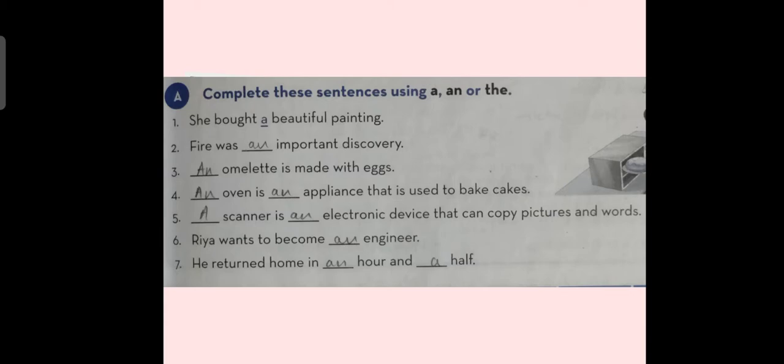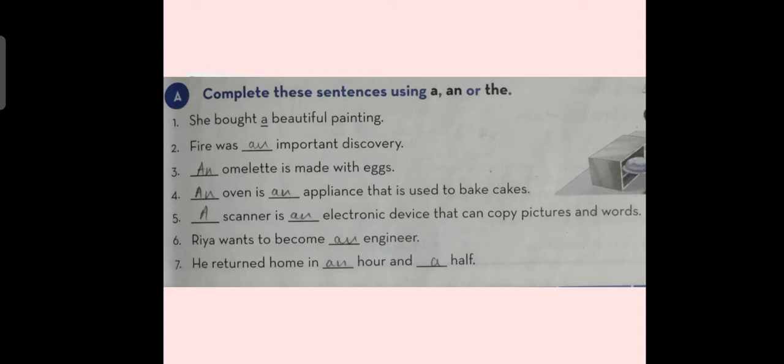We also discussed in our previous video when we use a and when we use an. We always use a before the words which begin with a consonant sound, and we always use an before the singular words which begin with a vowel sound.